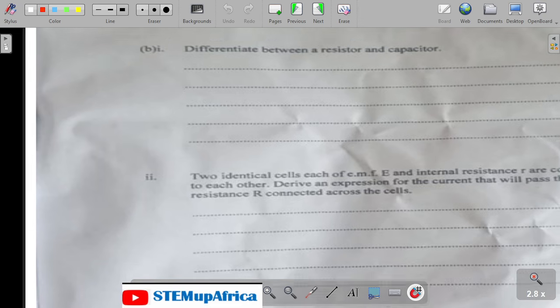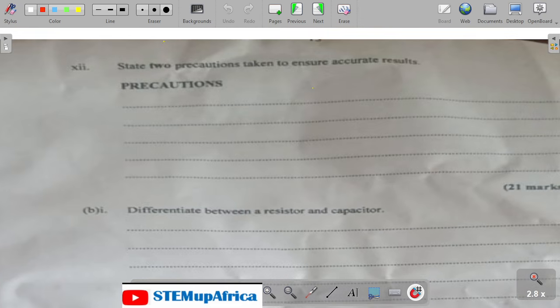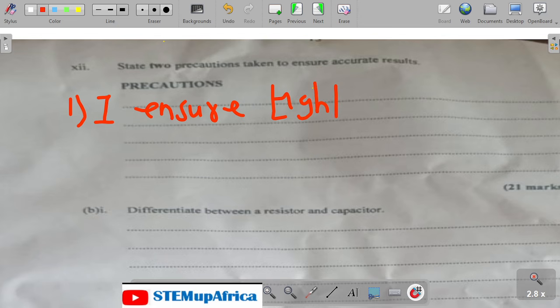Then precautions. So let's see which precautions we can use here. Let's take two precautions. I'm tired already, let me just give you two. One, I ensure tight connection of the circuit.